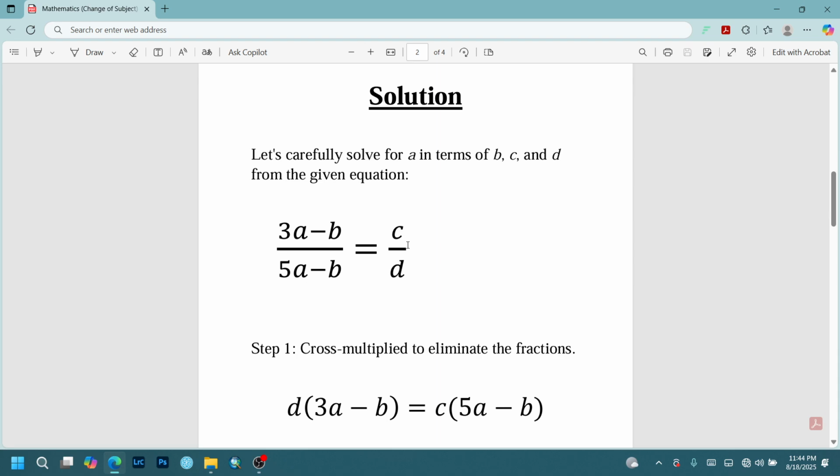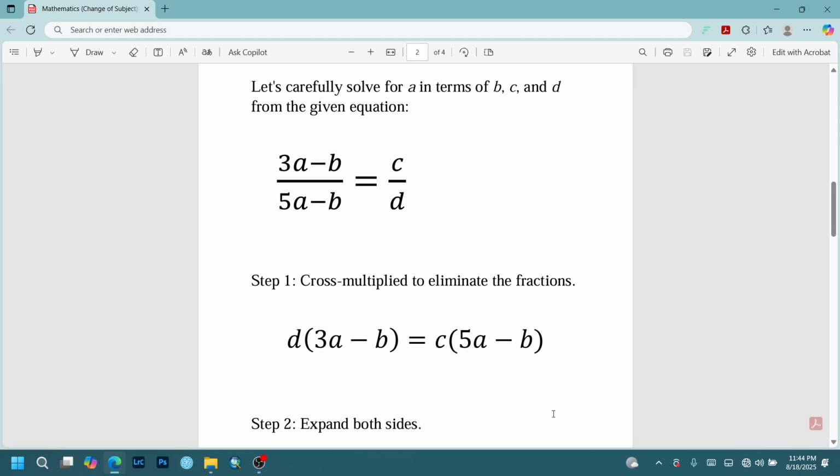So you are going to have D multiplying 3A minus B equals C multiplying 5A minus B.